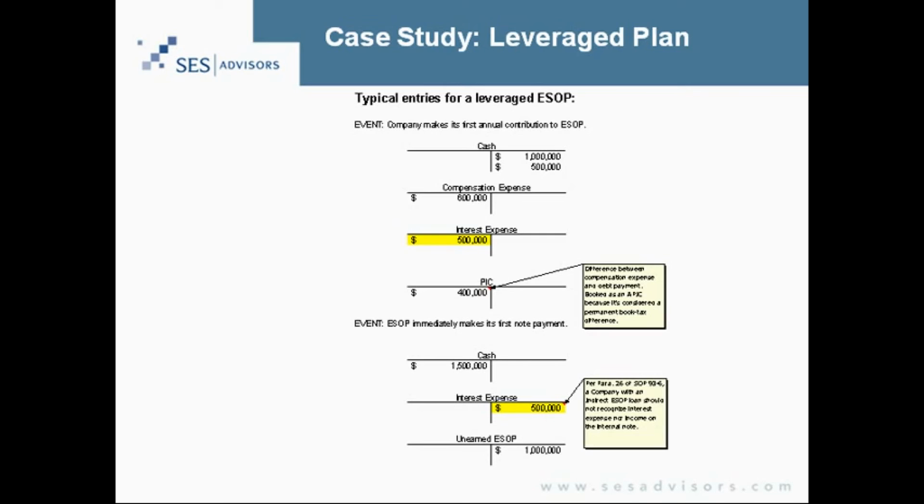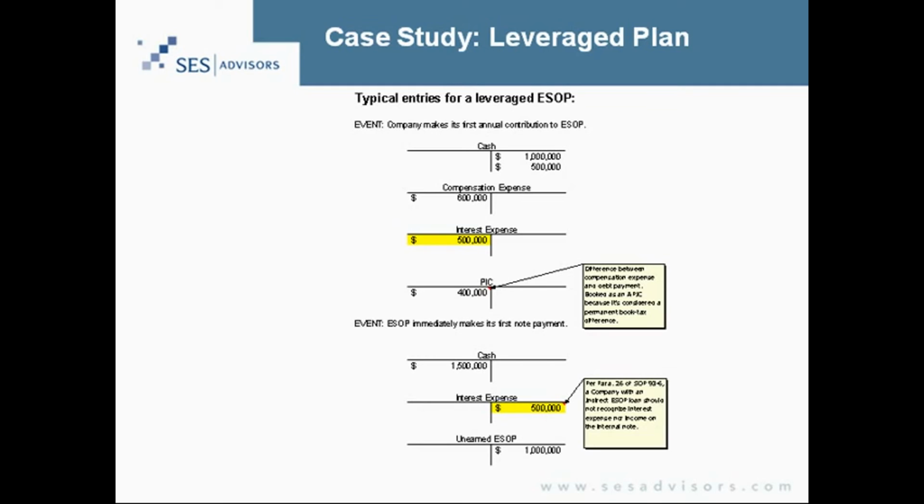It is recognized, of course, in a direct loan structure where the company is making a contribution to the ESOP and the ESOP is in turn paying the creditor directly. We're recording that interest expense in that case.